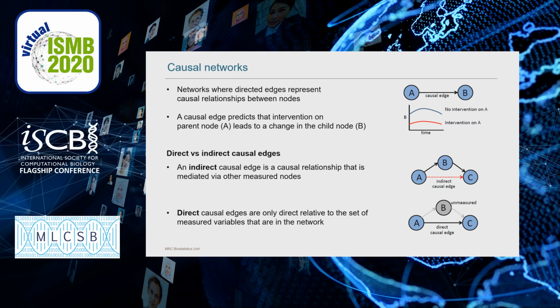So here we have a direct causal edge from A to C. It's direct, so the influence of A on C is not mediated via other nodes in the network, but it could still be mediated via some other unmeasured entity, as shown here.